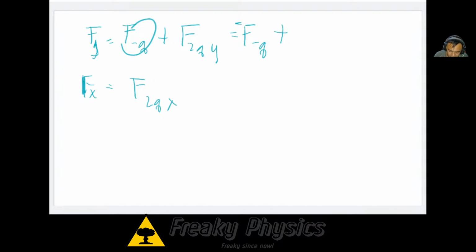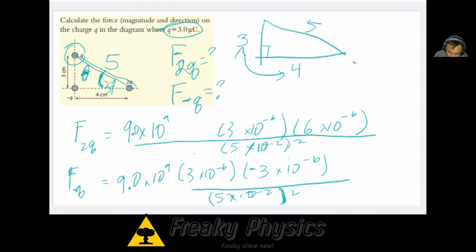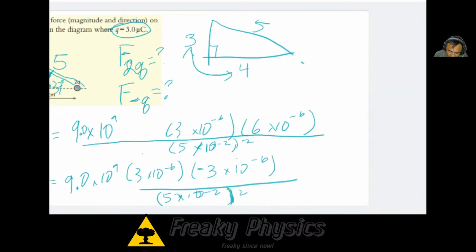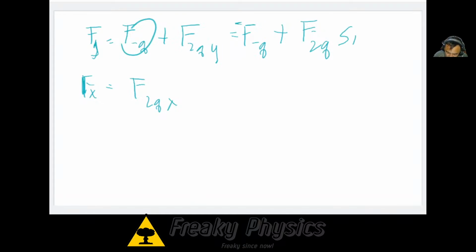And then the other one, you add F2Q sine theta, that's 37 degrees. Then similarly here, this will be equal to F2Q cosine 37 degrees.